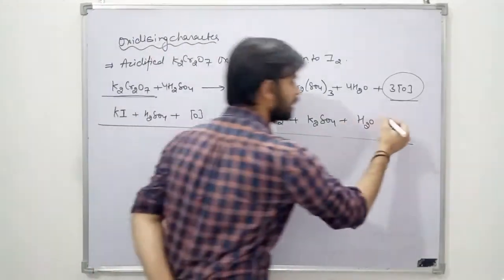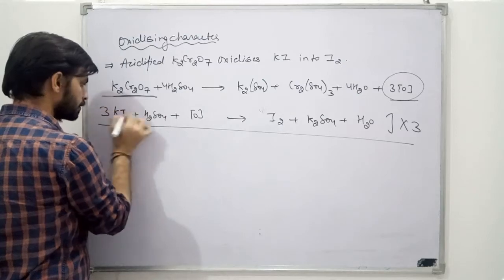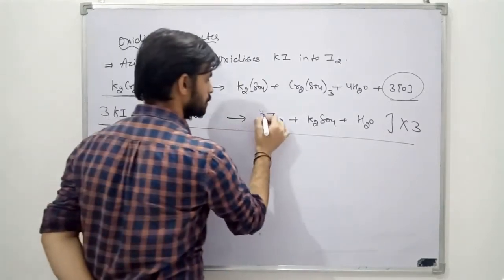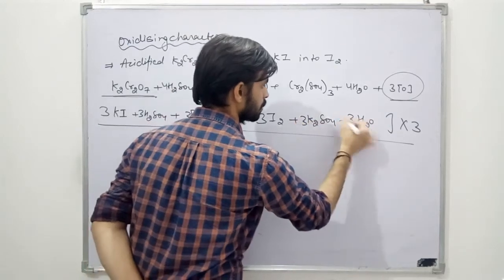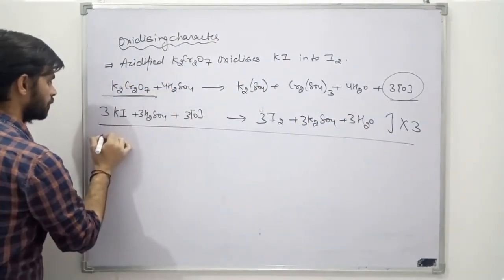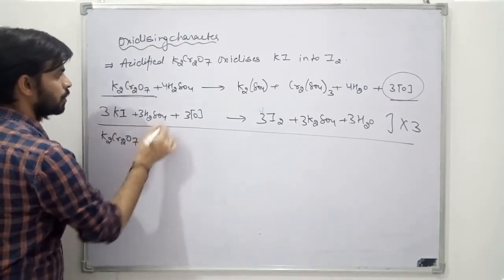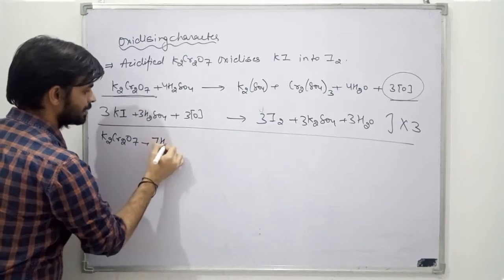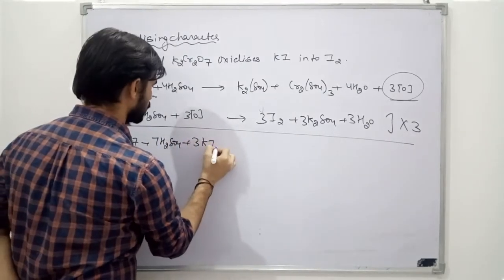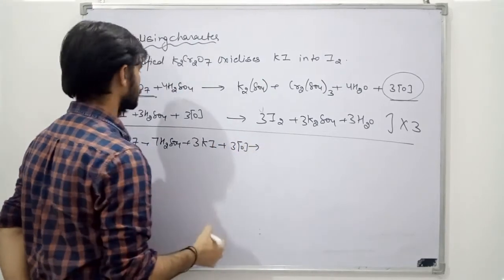So we have to multiply this equation by 3 so that 3 nascent oxygens would cancel out with each other. Now add these equations and we get K2Cr2O7, 4 plus 3, 7 H2SO4 plus 3 times potassium iodide and 3 times nascent oxygen.